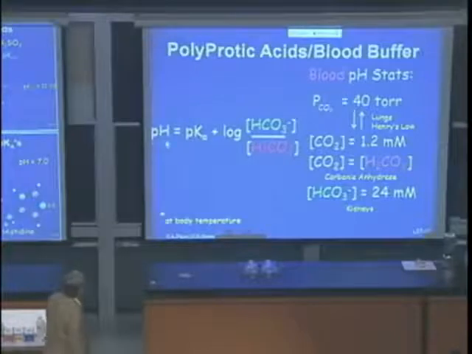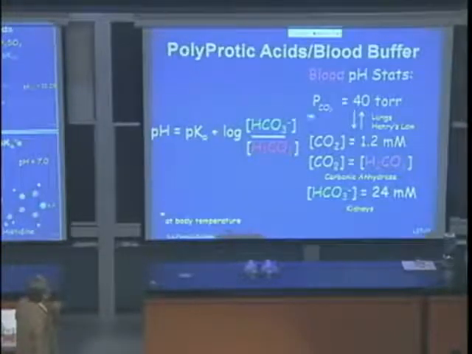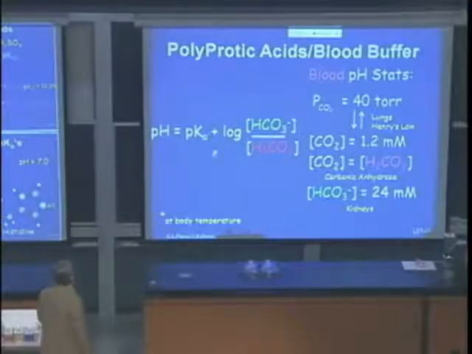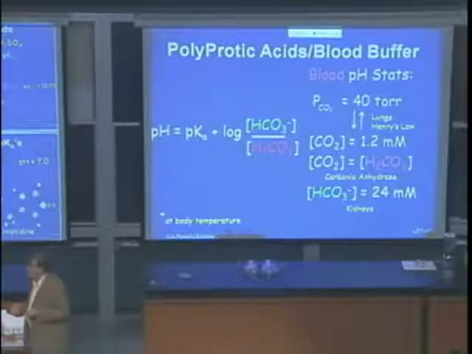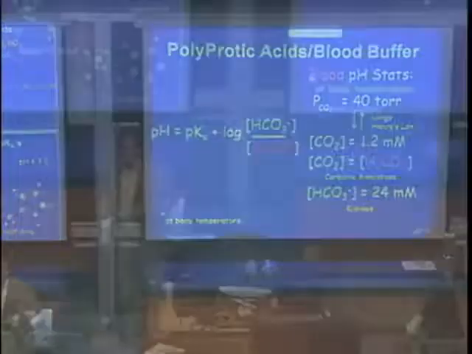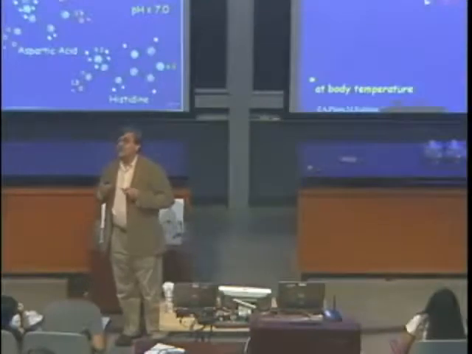The pH is the pKa plus the log of HCO3 minus divided by H2CO3. So that would be 24 divided by 1.2, that's 20, okay? And the pKa at 25 degrees was 6.37, but your body isn't at 25 degrees, so the constant is different.